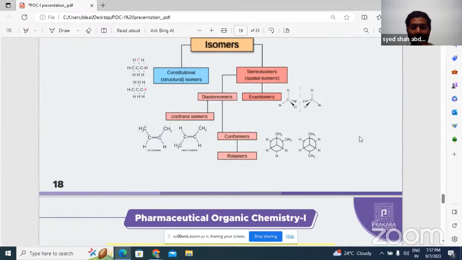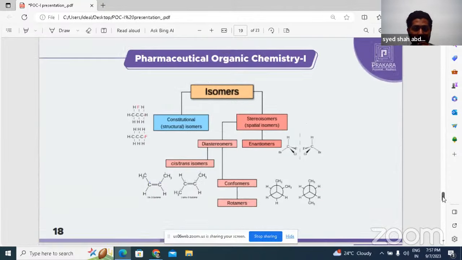So here it has given you more examples. Conformers and rotamers. Okay. So where we will be having ethane, it would be having different conformers, and cis and trans isomers, diastereomers, enantiomers, in stereoisomers.